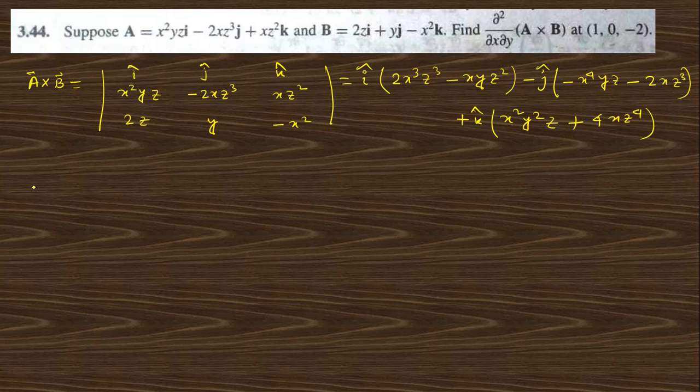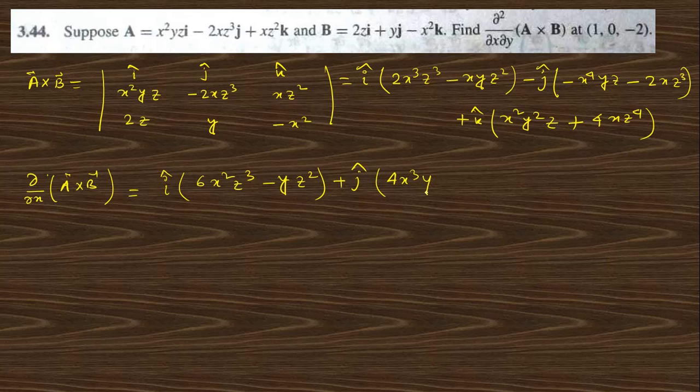Now you need the partial derivative del by del x of a cross b. If we take the partial derivative with respect to x, this will become 6x squared z cubed, and minus yz squared, minus j cap, and this can be written as plus. So x to the power 4 means 4x cubed yz, plus 2z cubed, plus k cap.